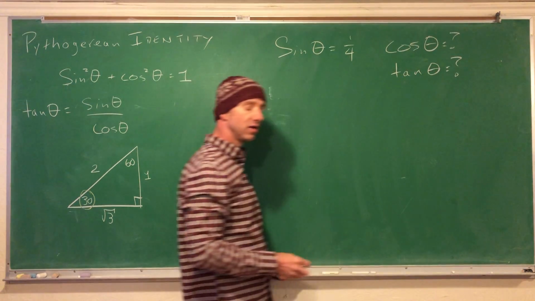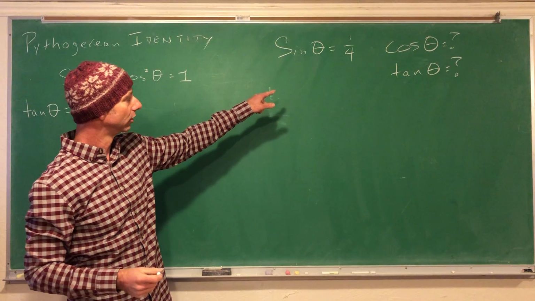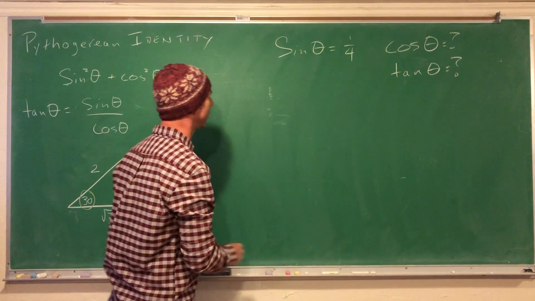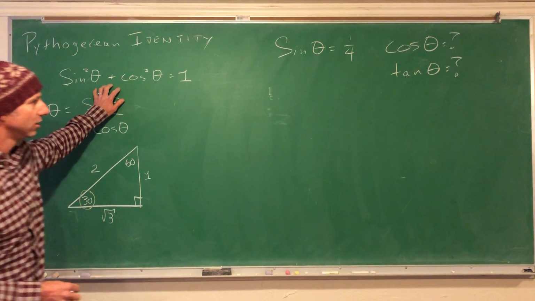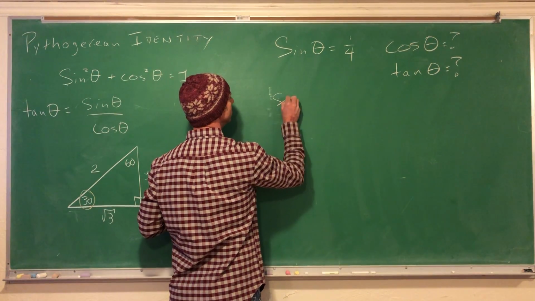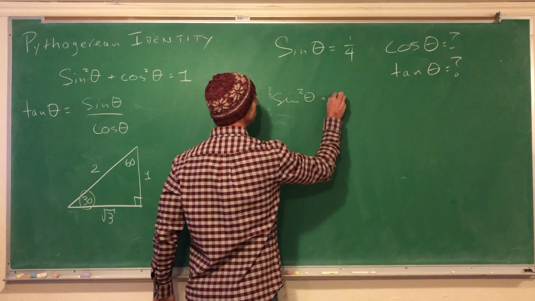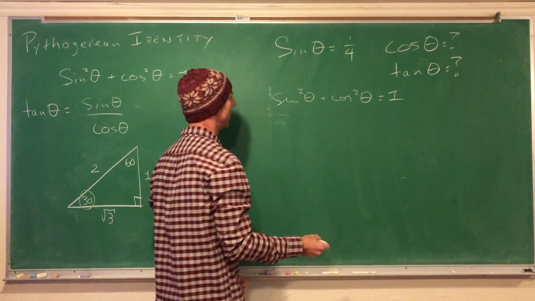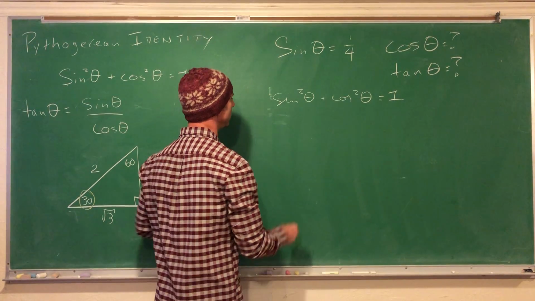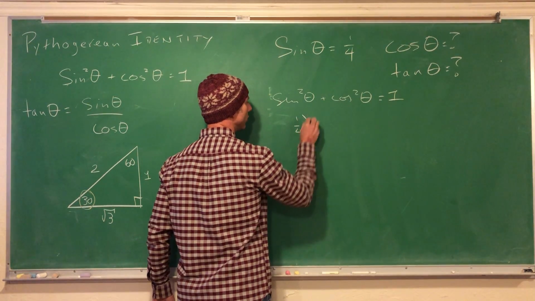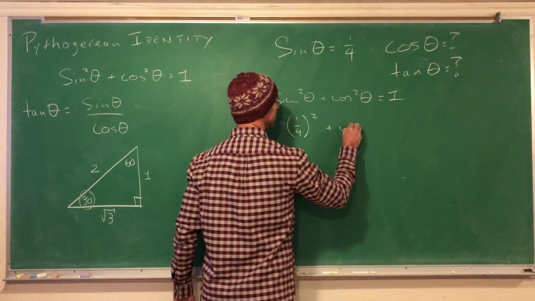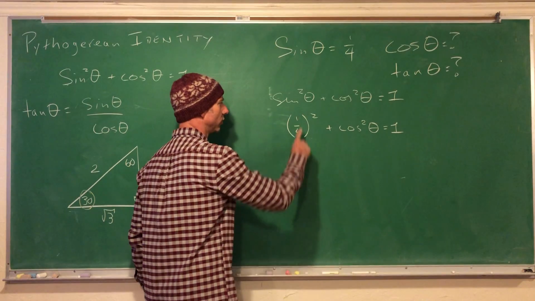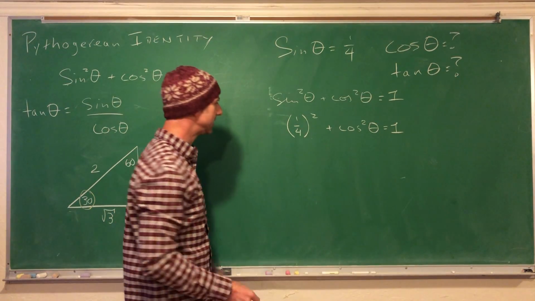So given the sine of theta is 1/4, what is the cosine of theta and the tangent of theta? So I'm going to go back to this relationship here, and we'll go ahead and substitute. So we have 1/4 squared plus cosine squared theta equals 1. So 1/4 squared is 1/16.